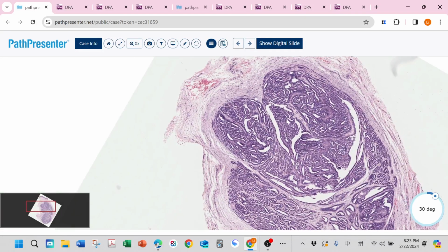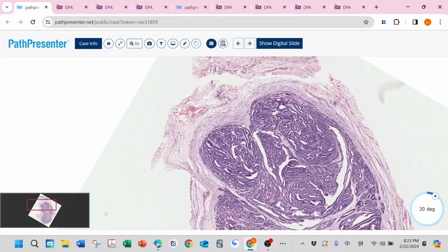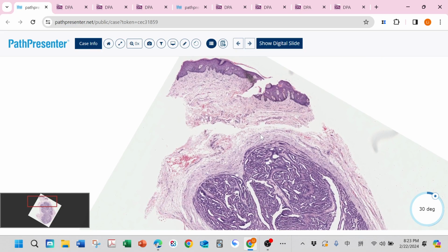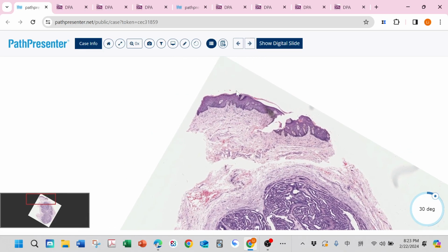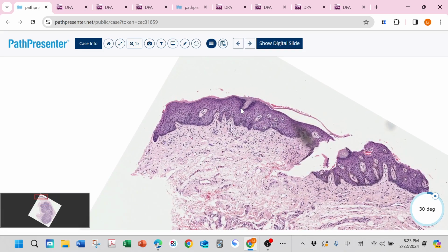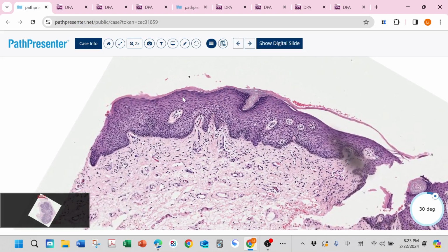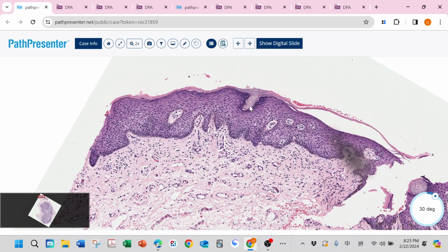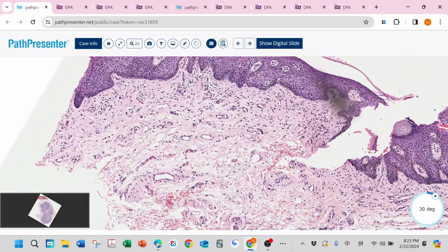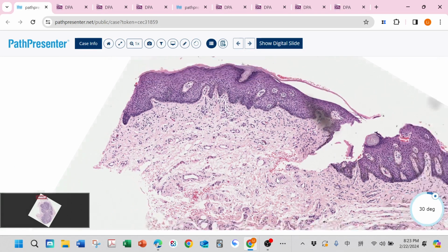And then also this is a really good location, the genital area. First, we do not have a really thick cornified layer, and then the dermis is really edematous, like we have a lot of this space and tons of dilated blood vessels.